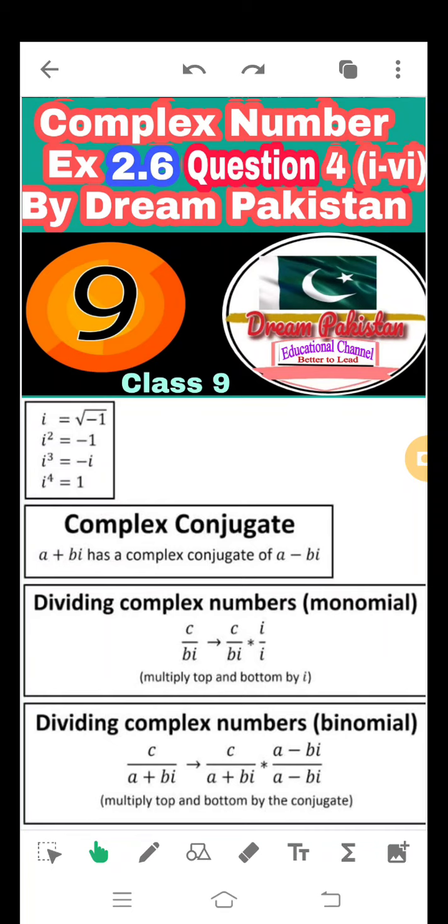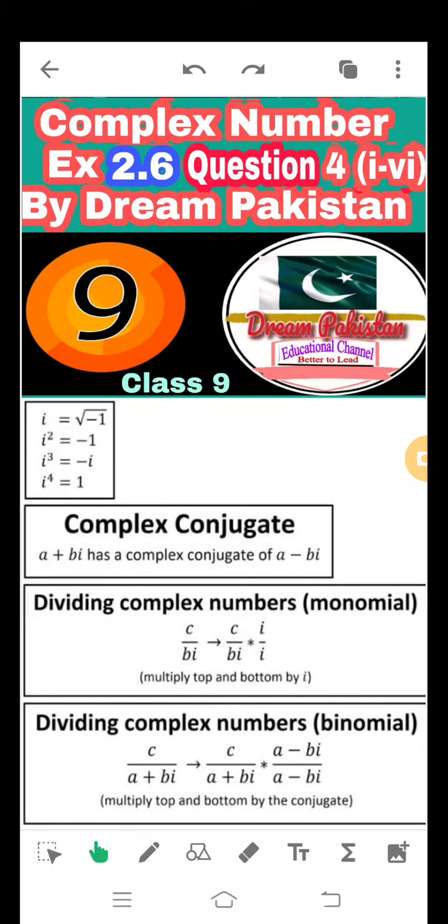So first we revise some formulas and signs. That is, iota is equal to under root minus 1, iota square is equal to minus 1, iota cube is equal to minus iota, and iota raised to power 4 is equal to 1.